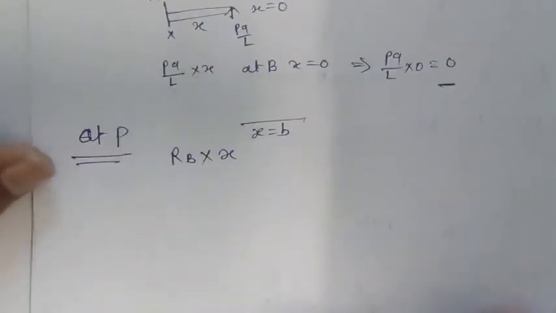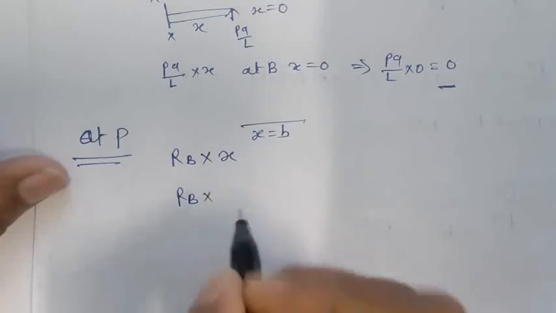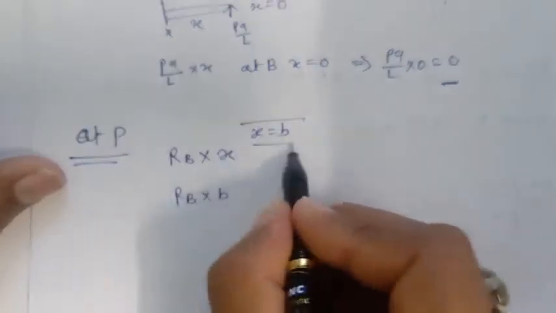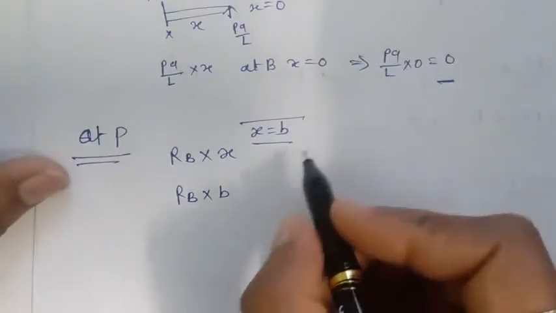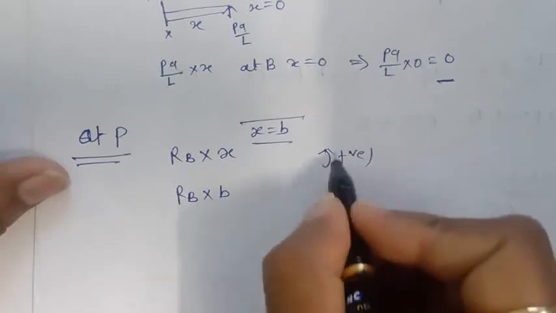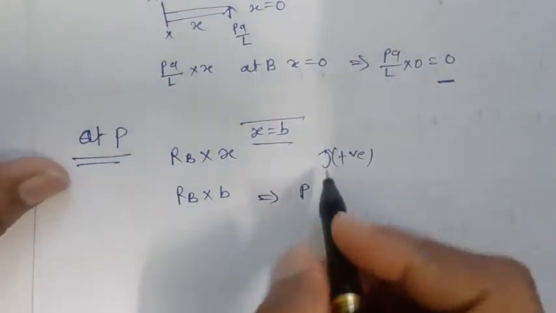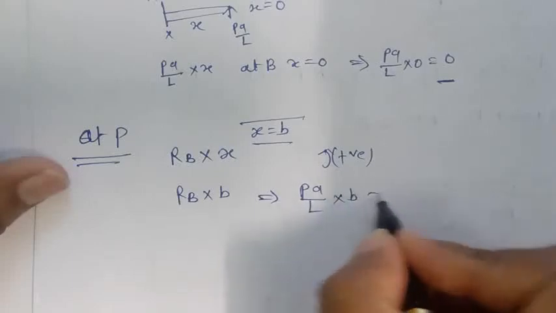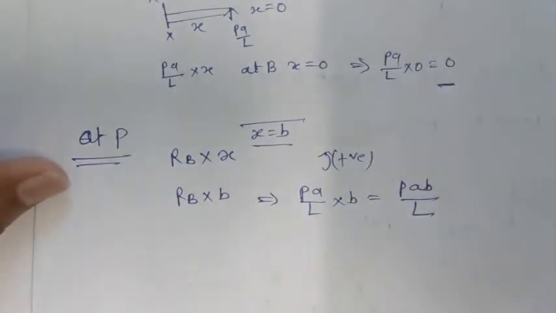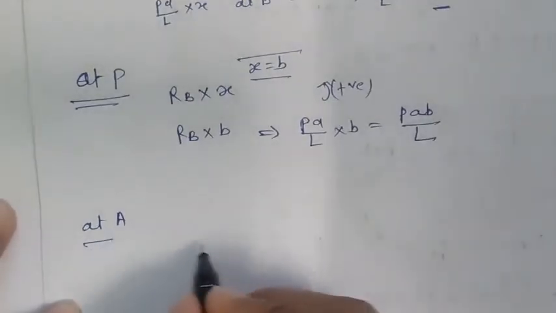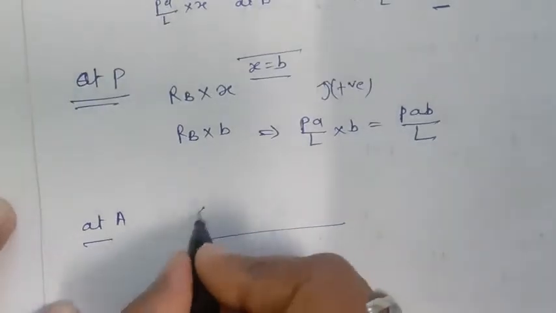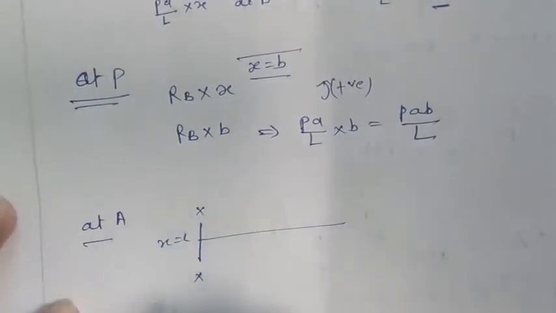And x equal to B, so at P it will be RB into x equal to B. Positive we are taking because we are moving right side, and upward force will be taken as positive. So the RB value is PA by L into B, which is PAB by L. So at P this will be there, and at A, if I take a section up to complete length L, x equal to L, up to RA.